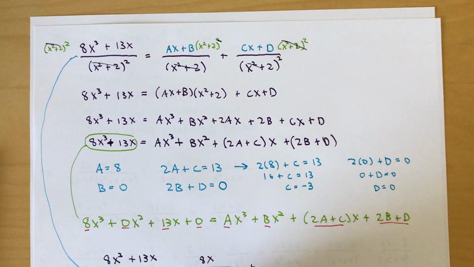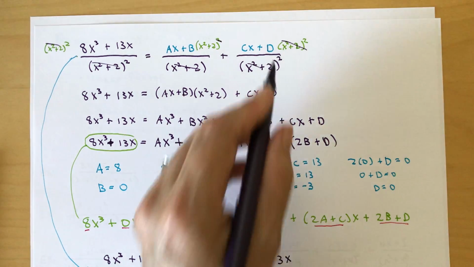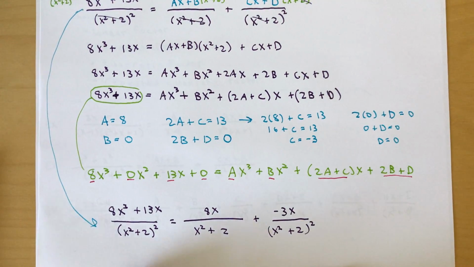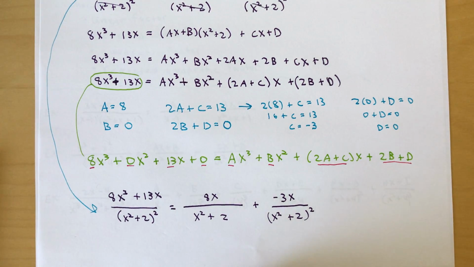And here the c is -3, and the d is 0, over (x squared plus 2) squared. Sorry, off the screen again, super annoying.